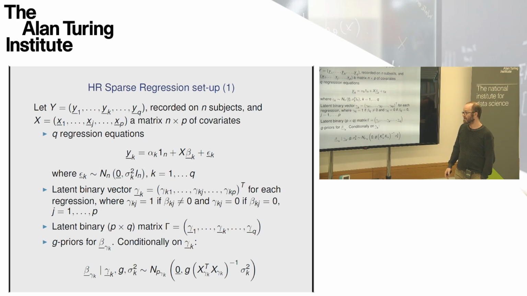So at the end, as I told you before, the primary goal of our method is to make inference about this vector gamma, for all the k's, all the Q responses, which is a matrix, big gamma. This is just a way we specify the value of the beta, the regression coefficient, which is a G prior, which is a technical element.